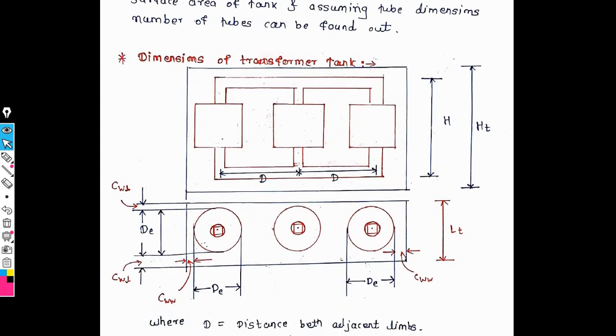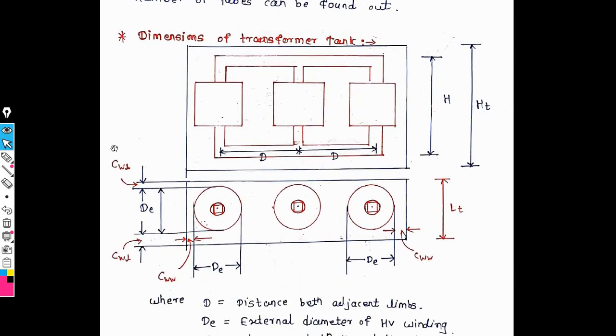This is the 3-phase transformer. This is the height of the core, that is total height, and this is the height of the tank. ST means height of tank, and this is the overall height, and here we have taken the cross section.